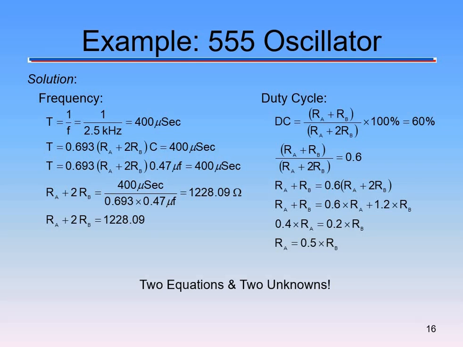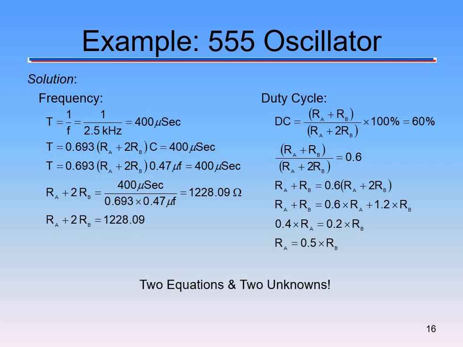Now, we have to hone in on our algebra skills here. Since RA plus RB is being divided by RA plus 2RB, we undo division with multiplication. So we're going to multiply both sides of the equation by RA plus 2RB. On the left-hand side, it's going to cancel out and get 1, because it will be the same thing over itself. On the right-hand side, it's going to multiply RA plus 2RB by 0.6.